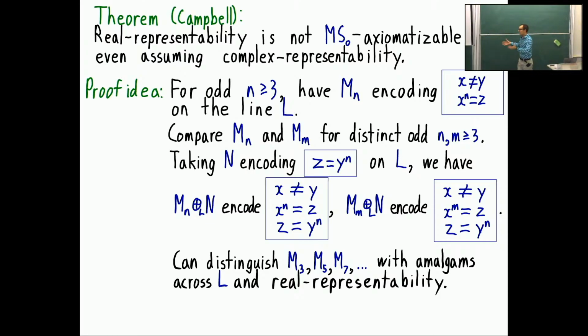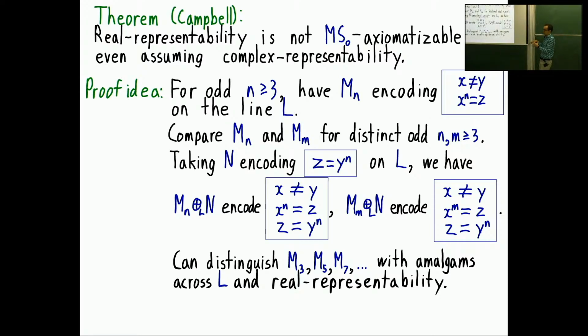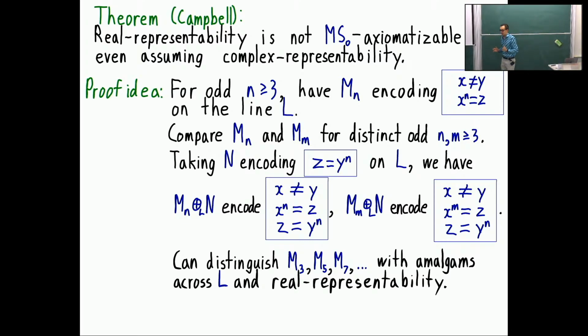So we have an infinite list that can be distinguished using information communicated across a line L. And if you knew Mayhew, Whittle and Van Zwam, this should be familiar.